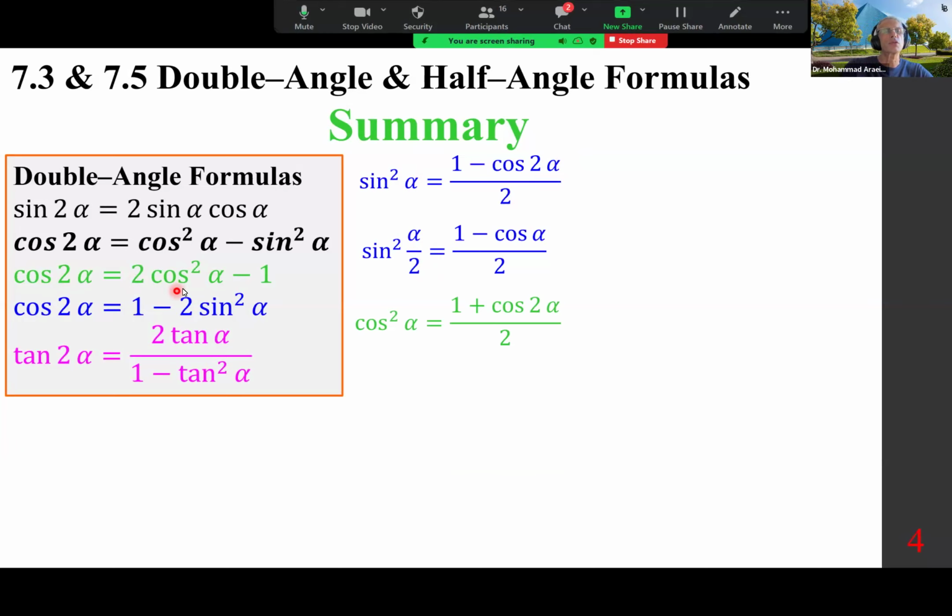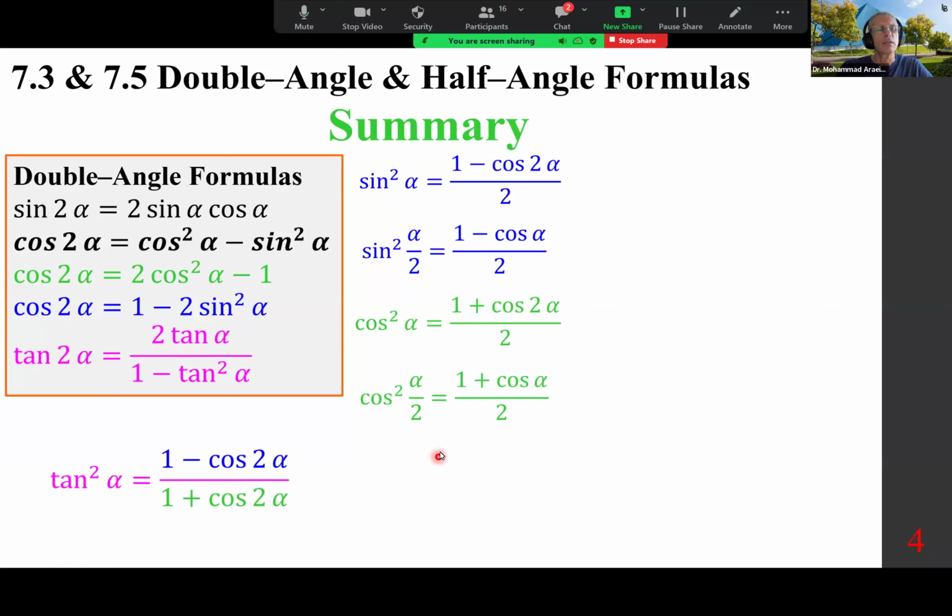From this formula, if you solve for cosine squared, you get 1 plus cosine 2 alpha over 2. And if you cut this in half, then you have to cut this in half. In other words, if 2 alpha is represented by x, then alpha is represented by x over 2. Tan squared alpha is 1 minus cosine 2 alpha over 1 plus cosine 2 alpha.